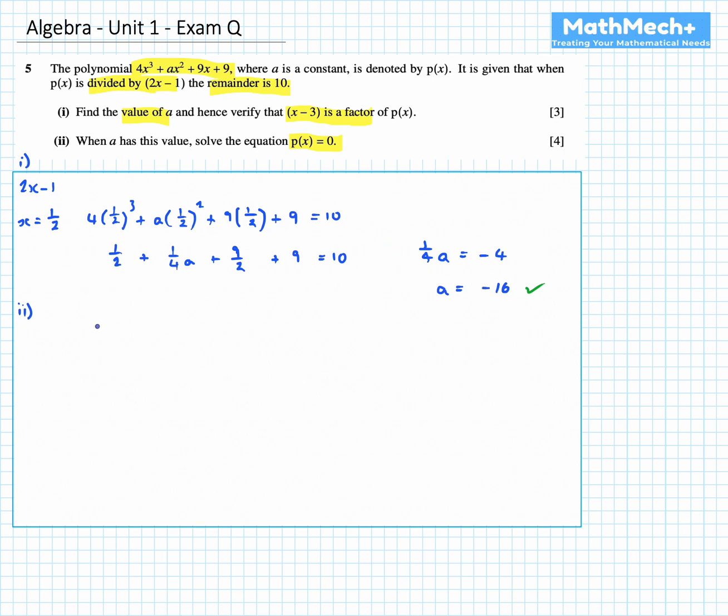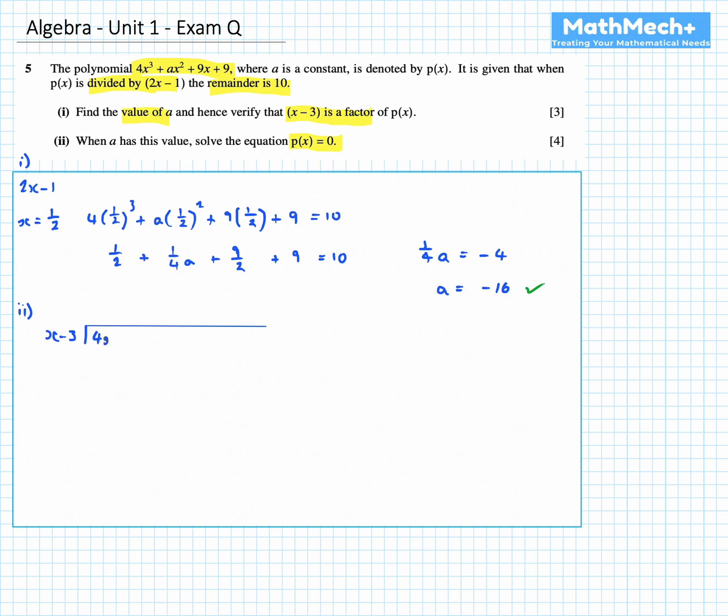So let's just set up our question now. We have a factor already, so we know that x minus 3 is a factor. I'll just set up my bus stop here. That's what we call it where I come from.